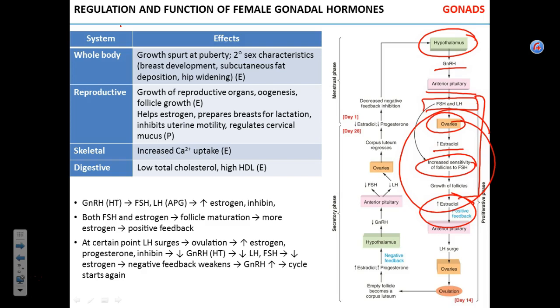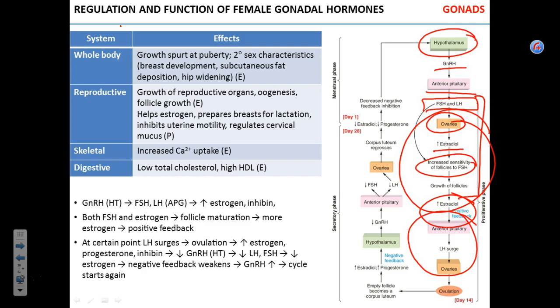And instead of inhibition, at this point, estrogen leads to the surge in luteinizing hormone. More luteinizing hormone is produced, more estrogen is produced. More estrogen is produced, more luteinizing hormone is produced. On the hormonal profile, right before the ovulation, you will see a huge spike in estrogen and luteinizing hormone levels. Okay?